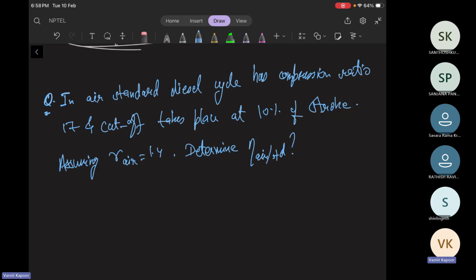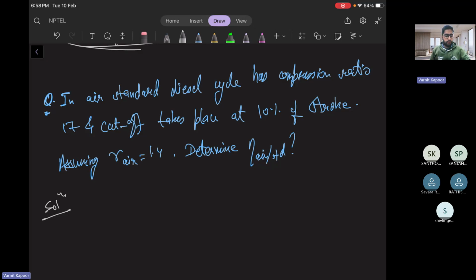Ratish, Shivlingesh, Santosh. Okay, let us solve this then.